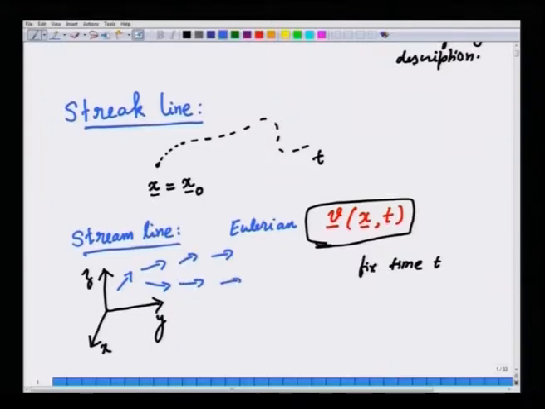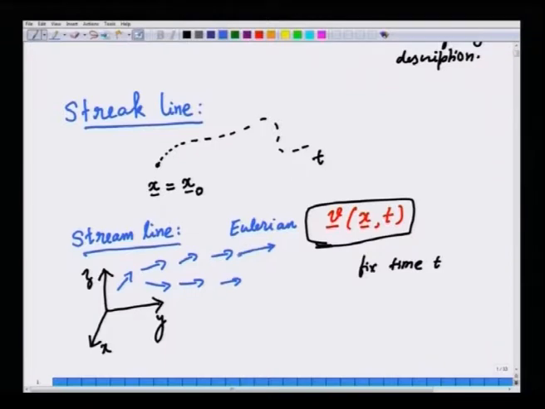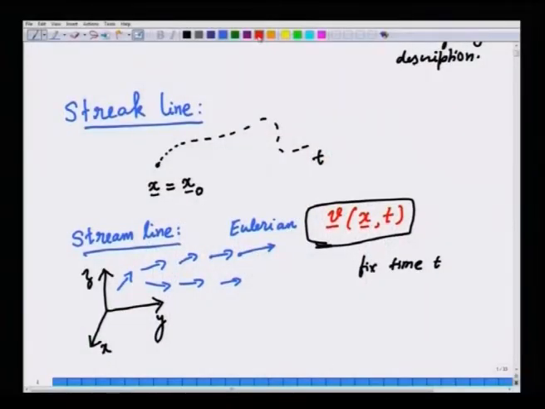Of course, there are infinitely many points, but you can choose to plot the velocity vectors at some points, and points with higher velocity can be denoted with vectors with greater magnitude and length, and this will give rise to a description of the velocity vector at each and every point in the fluid at a given instance in time. Now, suppose I take infinitely close points and draw a curve such that at each point the velocity vector is tangential to the curve. For example, as I have shown here with the red line, such a description is called a streamline.